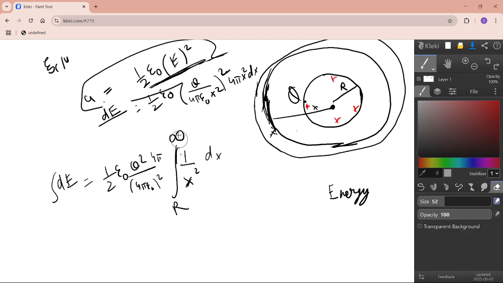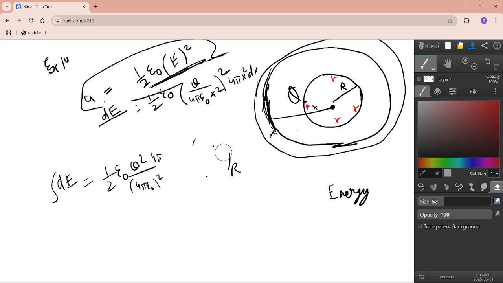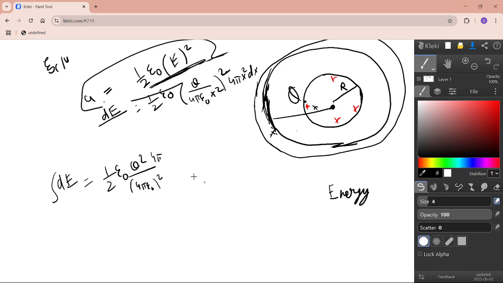So when you integrate from r to infinity, 1 by x square becomes minus 1 by x. From r to infinity, minus 1 by infinity is 0, and then minus of minus 1 by r is 1 by r. Only 1 by r.